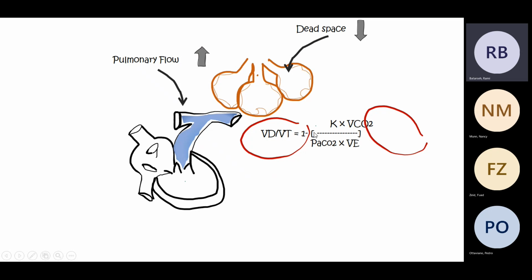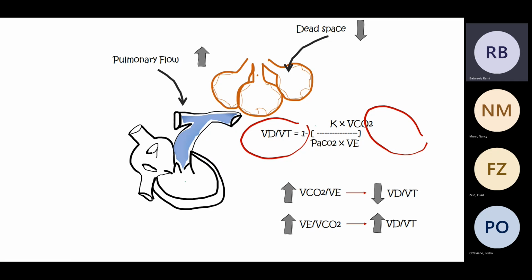So if this is increased, Rami said, and all of you said, it will decrease. If we do the opposite, instead of VCO2 over VE, we make it VE over VCO2, what will happen to the VD/VT? Will go up. Is it clear?